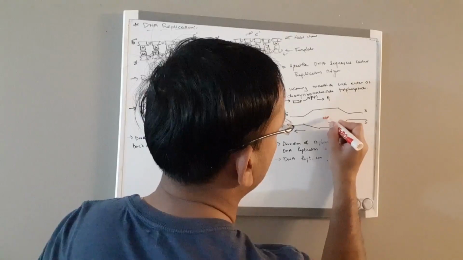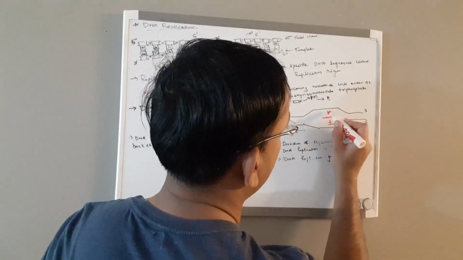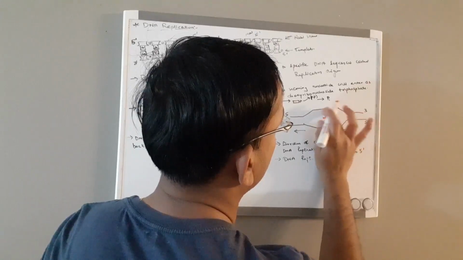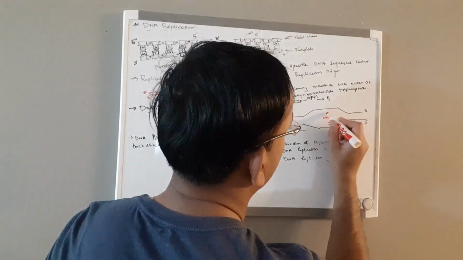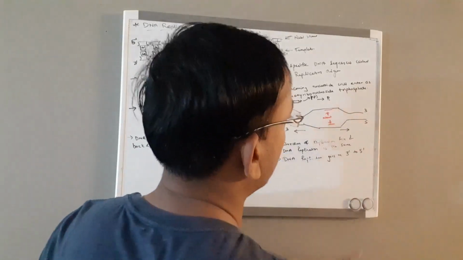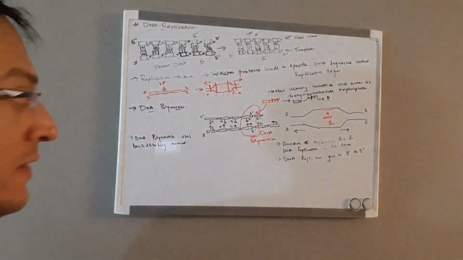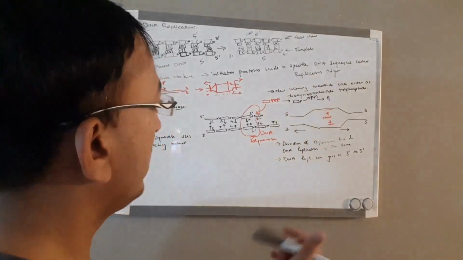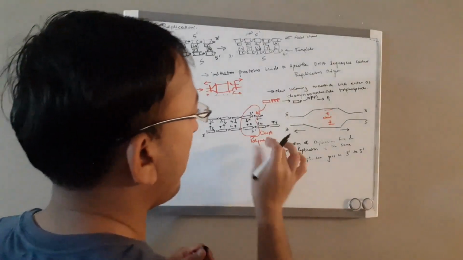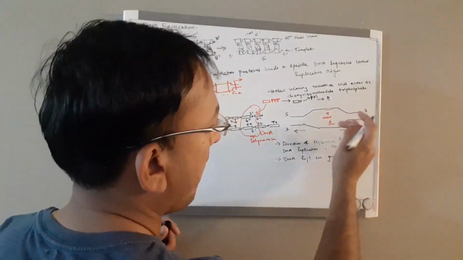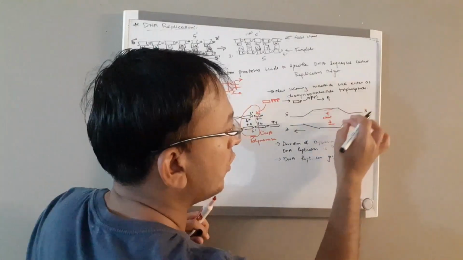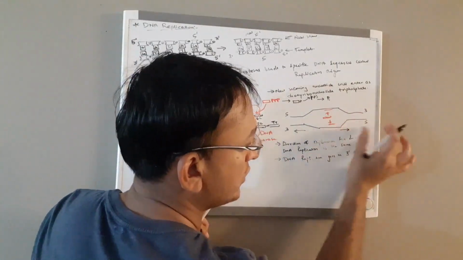It's the new strand. All right, so this is the new DNA strand that is forming. DNA polymerase is going here. It goes in just this direction, dropping new nucleotides just in 3 to 5.